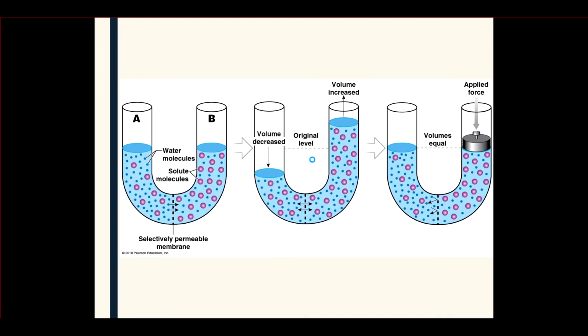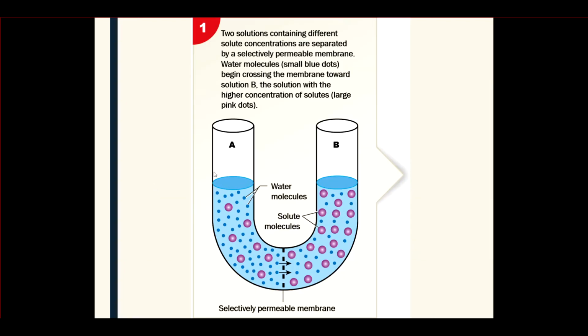Let's take a look. If we were in the lab, we could actually do an experiment where we have a special type of test tube. So let's start with this first one over here. I'm going to go to just the bigger picture so that we can see it a little bit better. On side A of the test tube, we have water molecules. Those are the small blue dots.